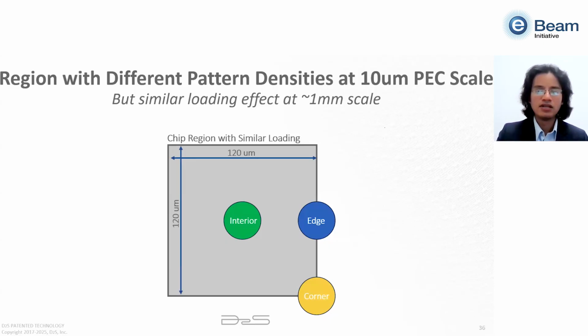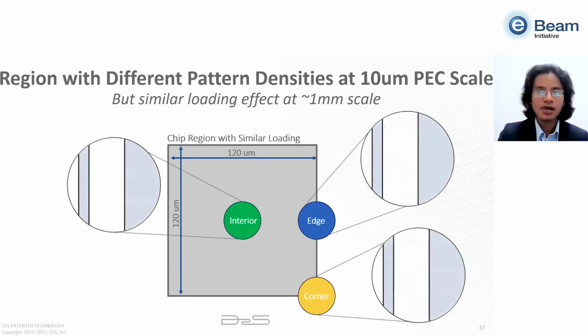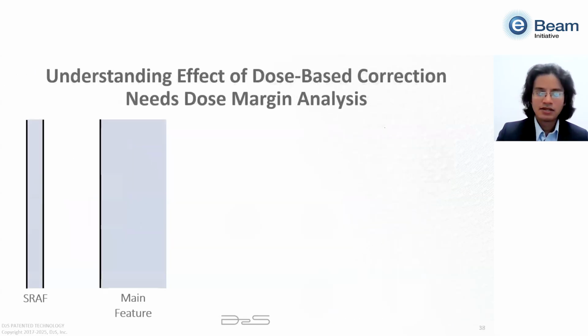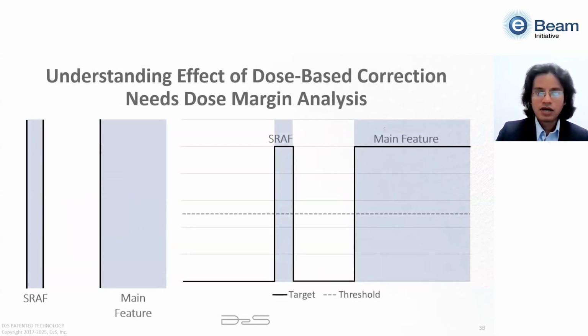One is the green interior area, there is a blue edge area, and there is a yellow corner area. Now, imagine that all these three areas have the same shapes, and there is a SRAF and a main feature. Now, let's take a cross section of these shapes. So you have the SRAF and the main feature cross section on the right side.